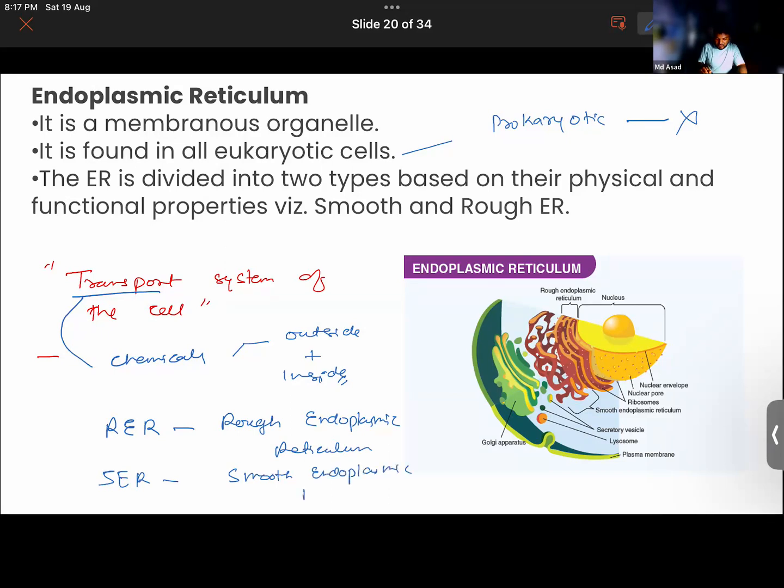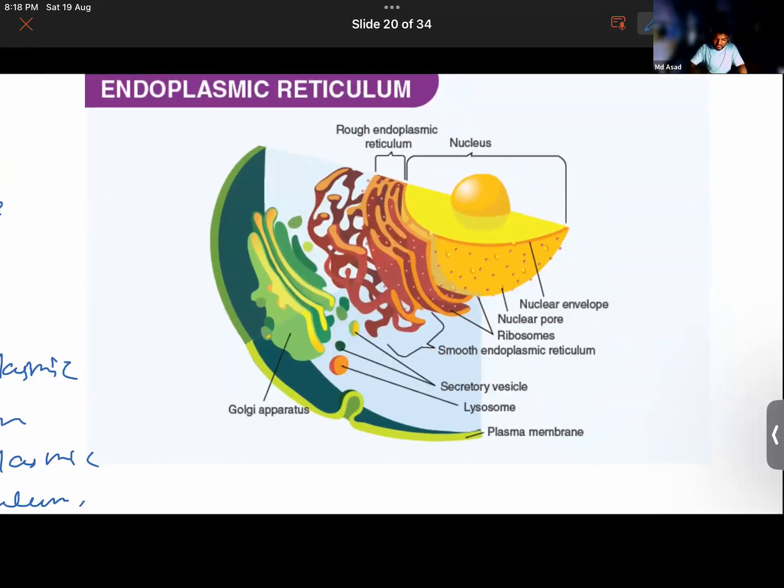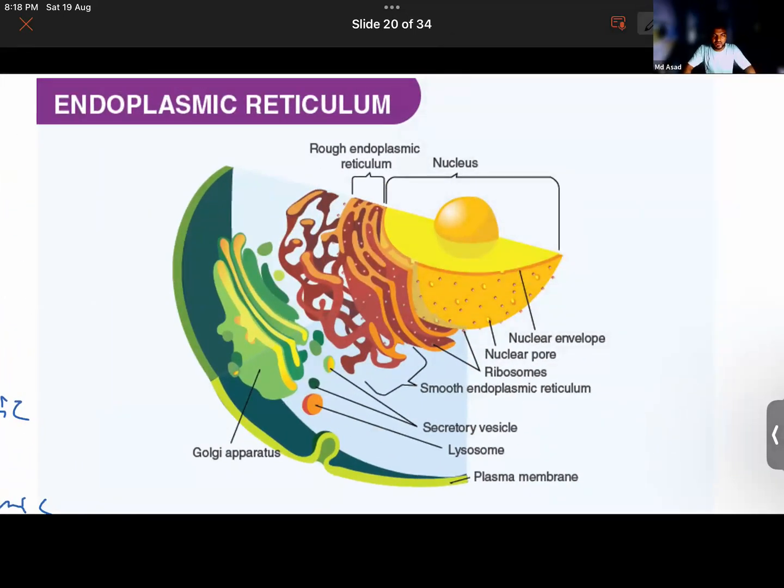Look at the diagram over here, guys. Just pay close attention. Which structure are we talking about? Rough and smooth endoplasmic reticulum. We will talk about both of them here.